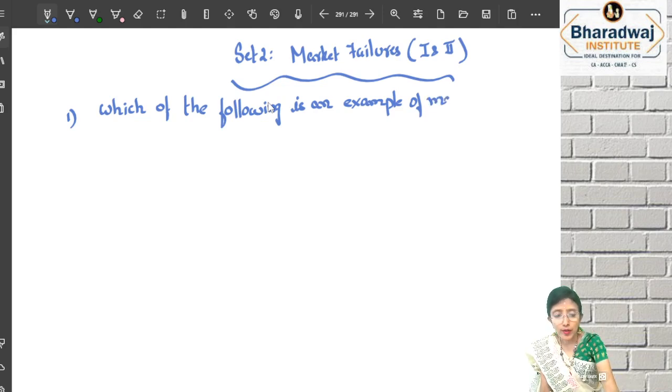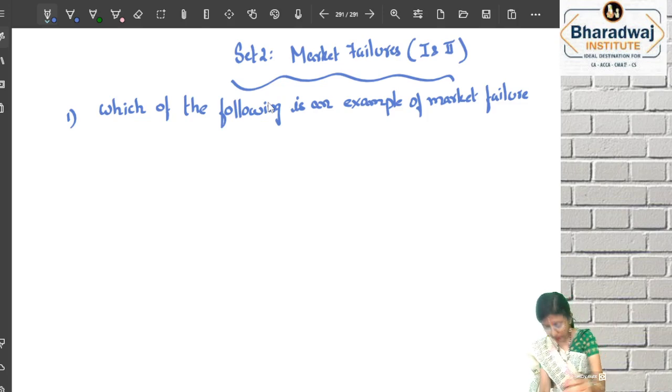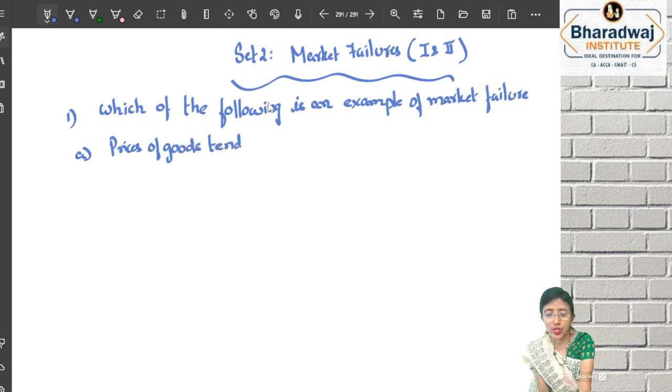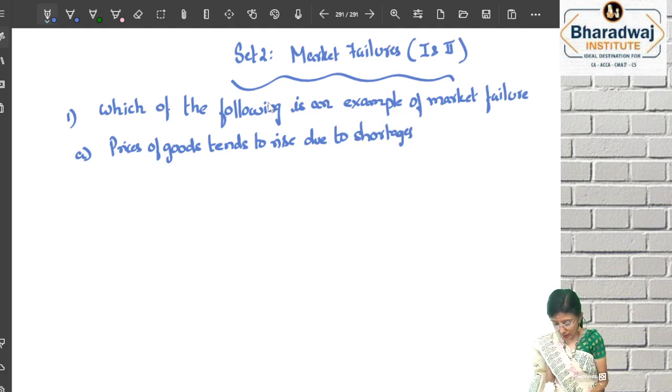Option A: prices of goods tend to rise due to shortages.